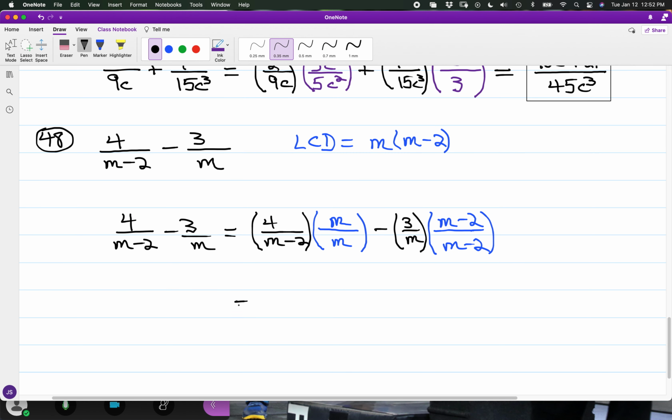Carrying this over, I'm going to take a little extra step. We have m times the quantity m minus 2 as the denominator. From the numerators, I have 4m. If you notice, we have the operation of subtraction, so we have minus 3 with distribution all over m minus 2.